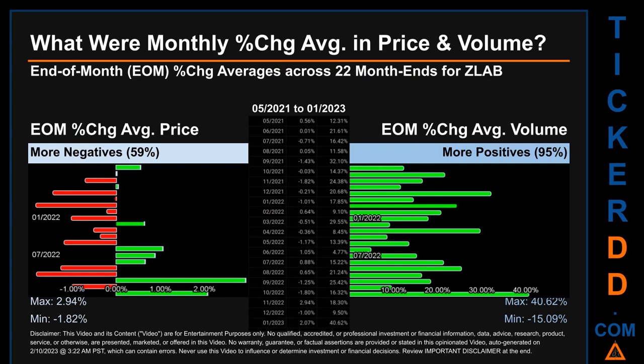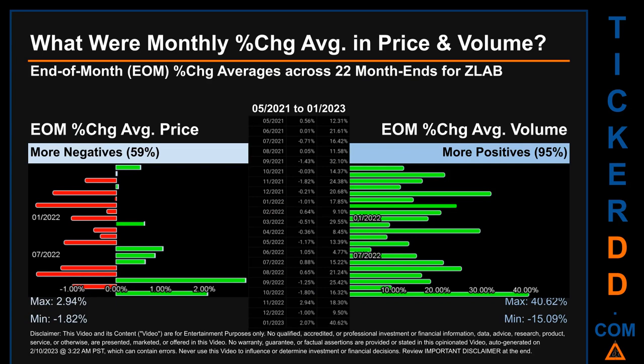From 05/2021 to 01/2023, out of 22 month ends, 13 had a negative percentage change in average price. Meaning 59% of month ends saw a negative percentage change in average price. In terms of volume, 21 out of 22 month ends had a positive percentage change.